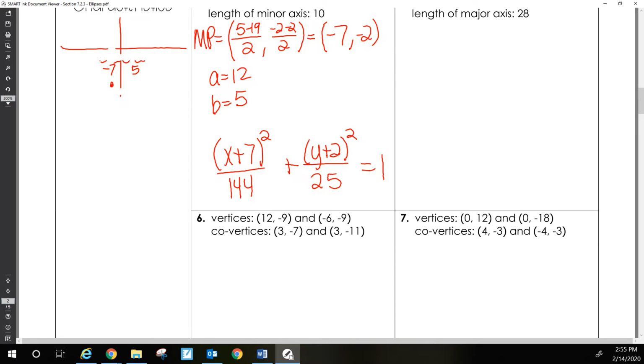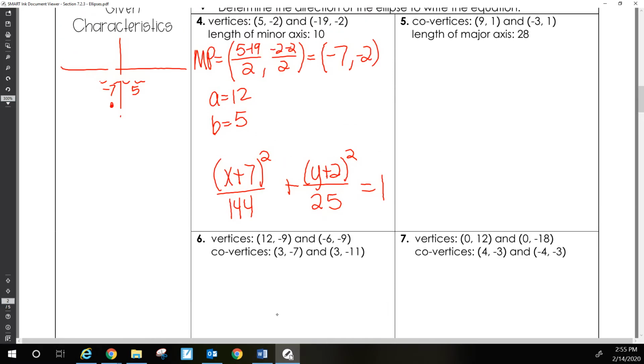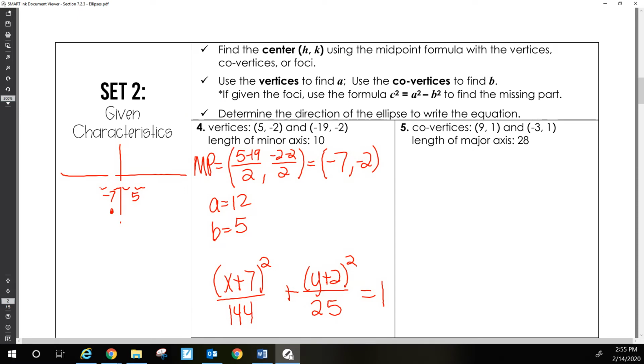For a second, we want to stay in this idea of, okay, they give us different information. Okay, let's go to co-vertices. Co-vertices are on which axis? Co-vertices are on our minor axis, right? So for this one, let's say (9, 1) would be here. (-3, 1) is going to be here somewhere.